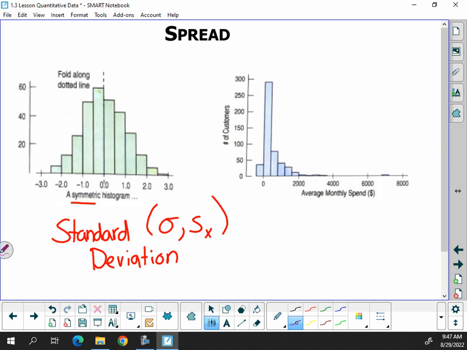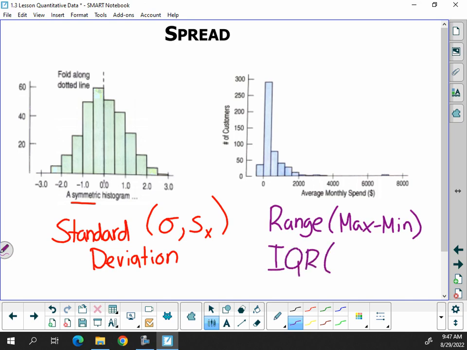When we look at a skewed data set, we want to look at one of two measures of spread. We can look at the range, which is quite literally the max minus the min, so the largest value minus the smallest value. Or we can look at this thing called the IQR, the interquartile range, and that tells us how spread out the middle 50% of our data is.